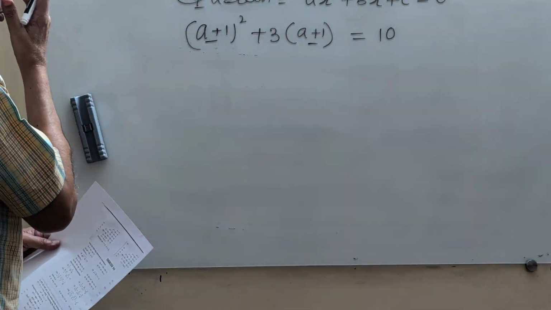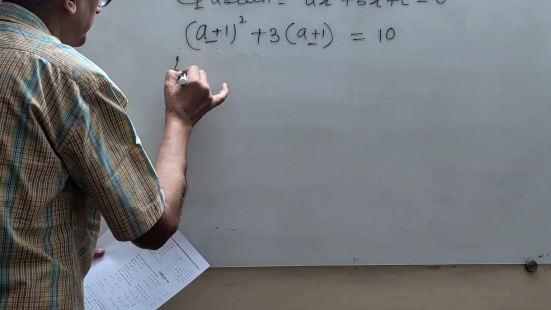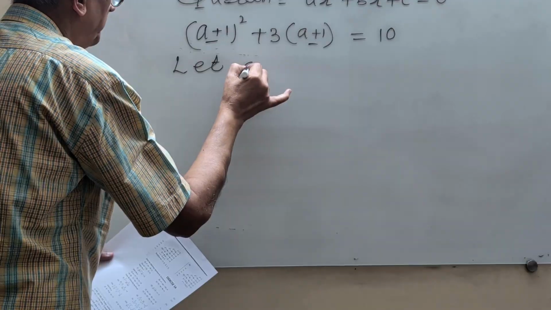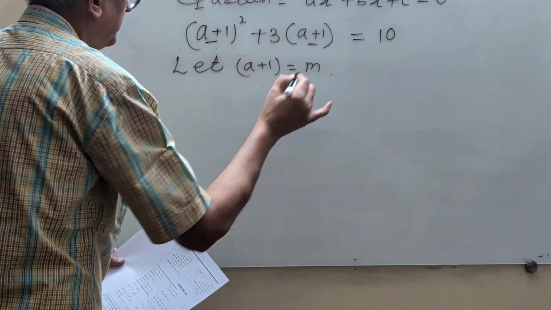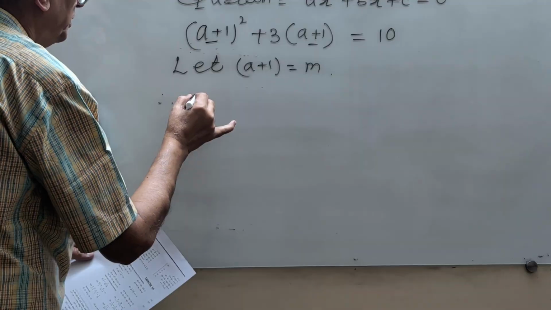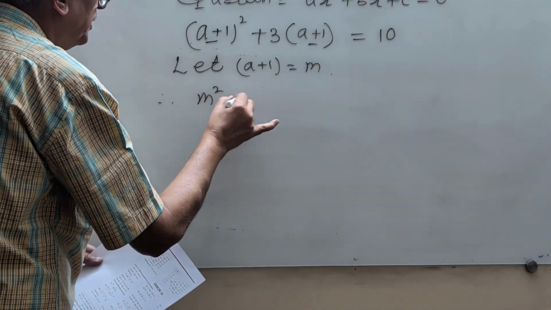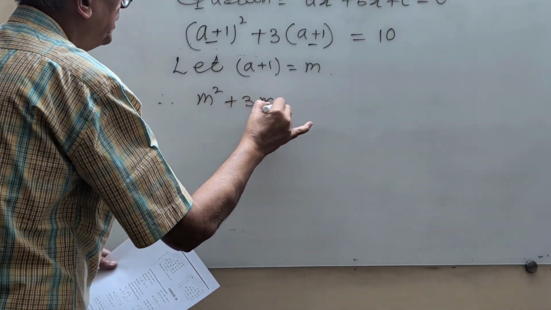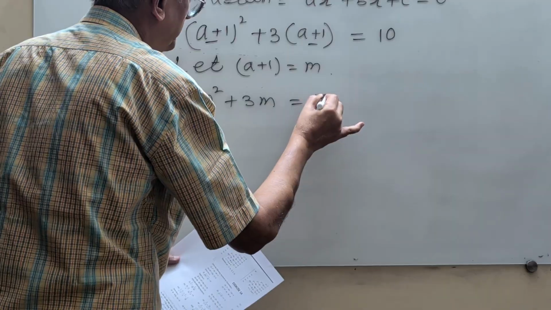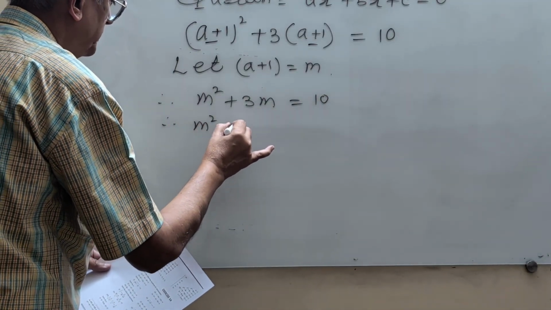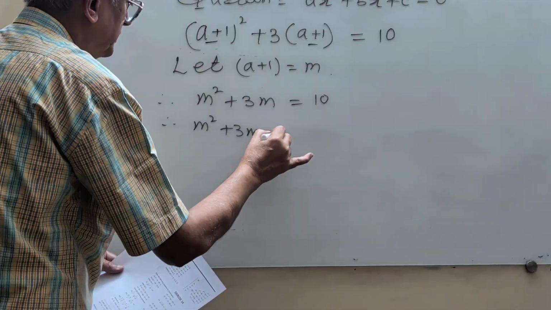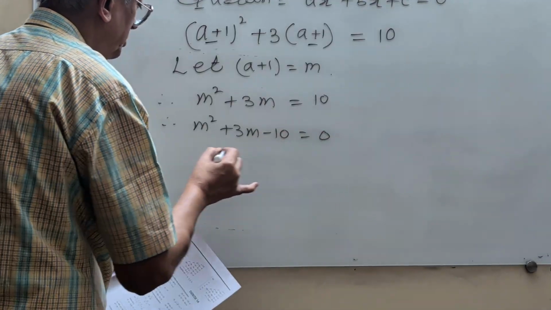So what we'll do, we'll say let a plus 1 is equal to m. So what will come, therefore m squared plus 3m is equal to 10. Therefore m squared plus 3m minus 10 is equal to 0.